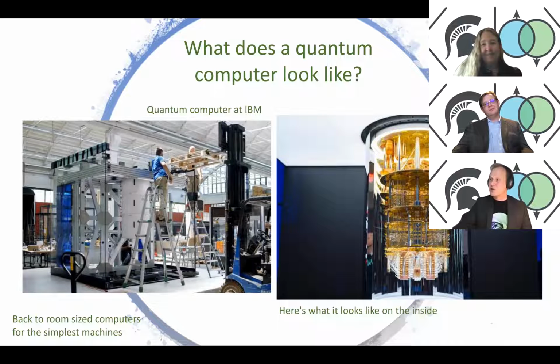So the temperatures that exist inside of these quantum computers are essentially the coldest that you can find in the known universe. And all of these vertical lines and things here, those are wiring that allows you to connect to the quantum computing elements down at the bottom. So you'll see some pictures from my lab later. We have some machines that look a lot like this. They're a little smaller, but very much in the same spirit.